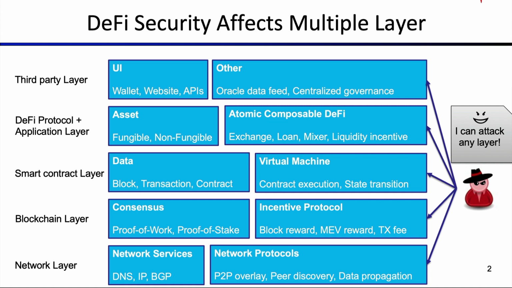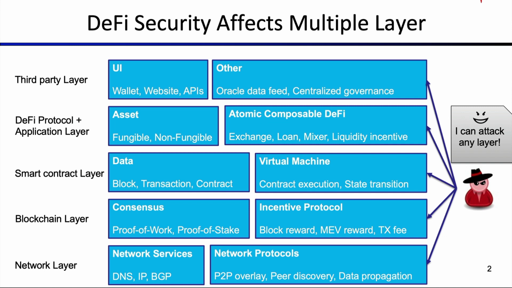At the same time, if you're using oracles, we have had an extensive lecture on oracles here, then these as well should be safe and secure. Otherwise, the underlying DeFi protocols might make the wrong assumptions.